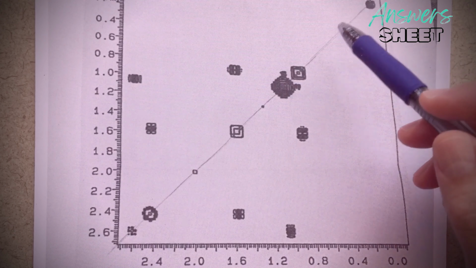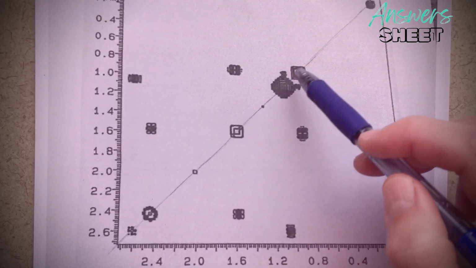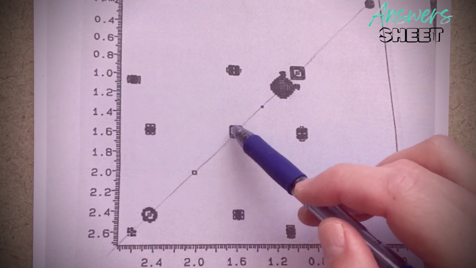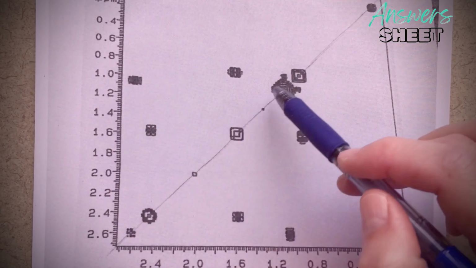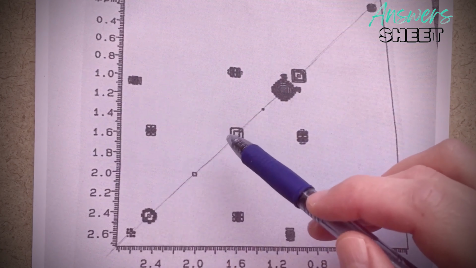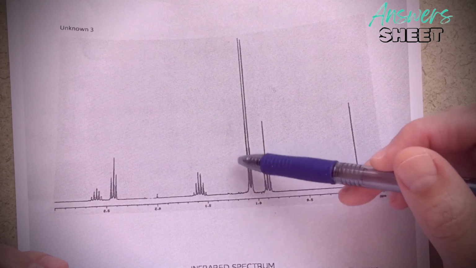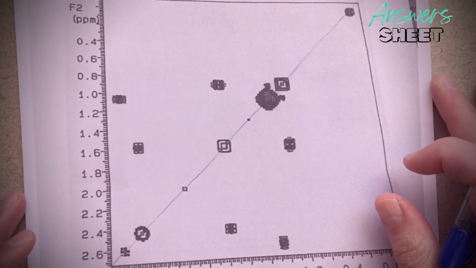Down the diagonal, we're not getting any different information than from our normal proton NMR. Wherever you see a peak along the diagonal on your COSY, those correspond to your peaks on your normal proton NMR. So for these peaks here, I should see a corresponding signal on my COSY NMR as well.